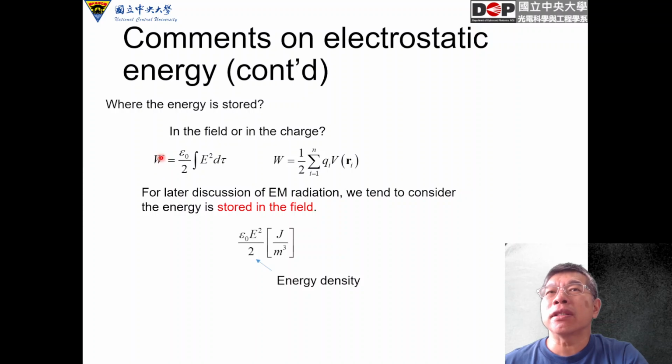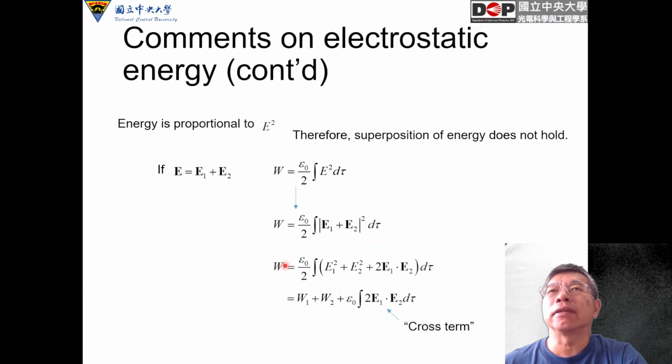So this electric field squared times epsilon naught divided by 2 has the unit of joules divided by length cubed, or meters cubed. This can be named the energy density, how much energy per unit volume. So that's the unit and the energy density.